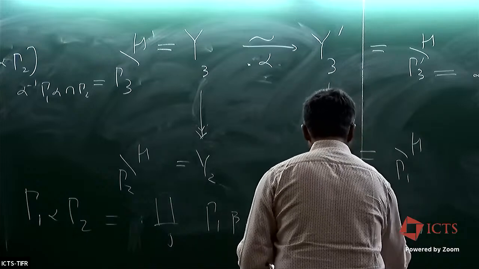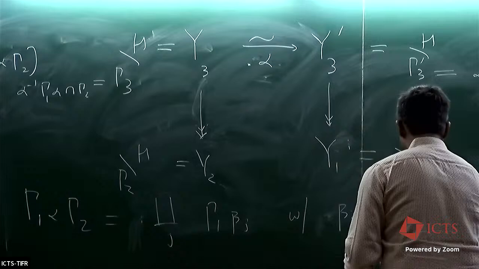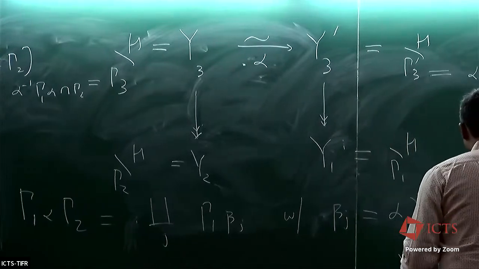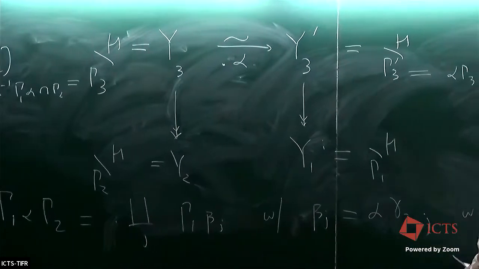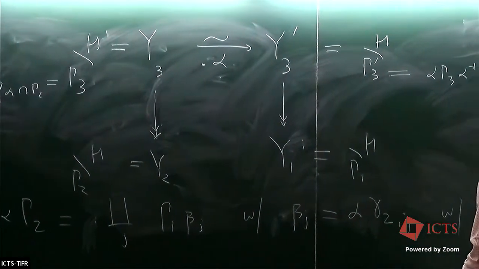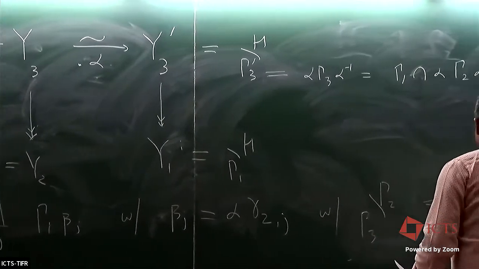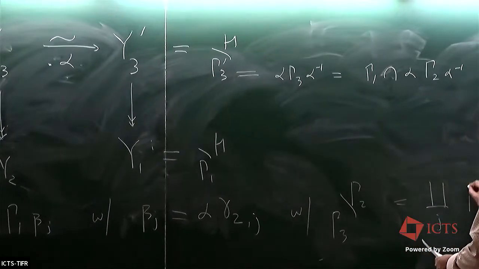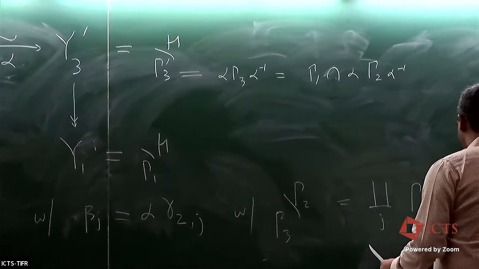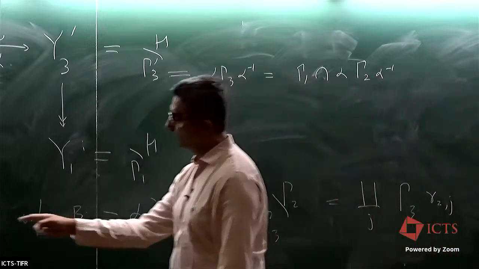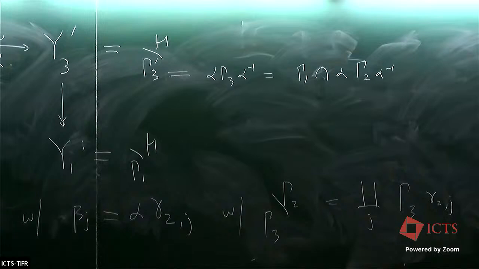Remember, we can always pick our representatives of this form, alpha gamma 2j, where gamma 2 mod gamma 3, by that lemma, the bijection in lemma 3, we had the following bijection. Gamma 2 mod gamma 3 is just a disjoint union of gamma 3 times gamma 2j, and you multiply on the right by alpha, and you get representatives for this coset decomposition. So this is from lemma 2.